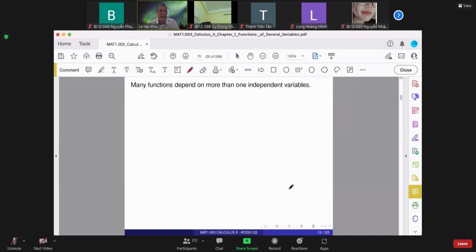More than that, here I write many functions that depend on more than one independent variable. Which means you may have more than one independent variable.